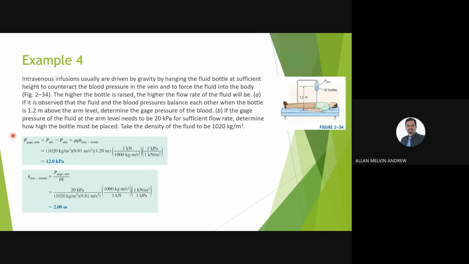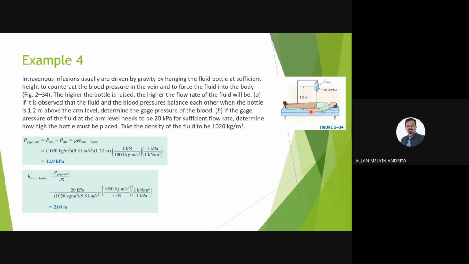The answer is given here. Gauge pressure at the arm equals absolute pressure minus atmospheric pressure. Atmospheric pressure is here and the absolute pressure is here, and we are measuring at this point, so we need to minus the atmospheric pressure.